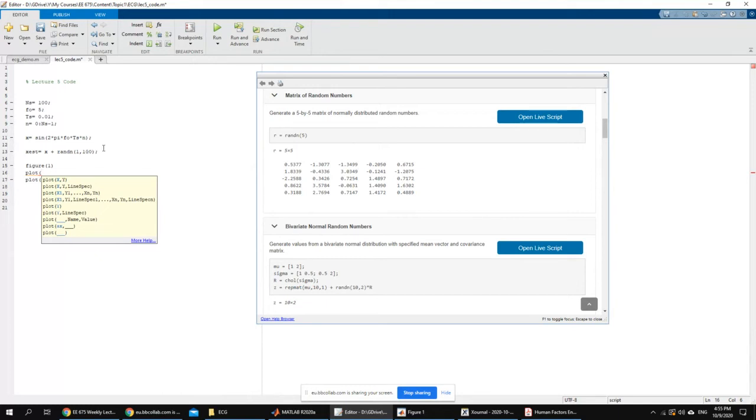So I'm going to plot X estimate first, then hold on, then plot X, then hold off, and maybe plot it in red.